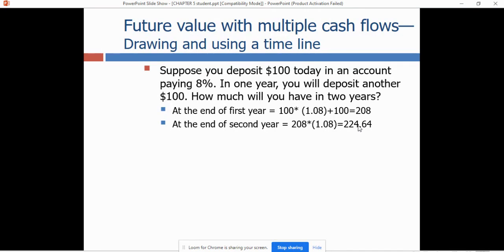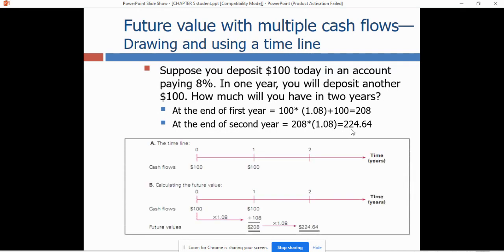All right, so you deposit 100 the first year and another 100 in the second year. That's why you include the interest here, 108 plus 100 at the beginning of the second year, and at the end of the second year both have compounding interest, therefore you get 224.64.